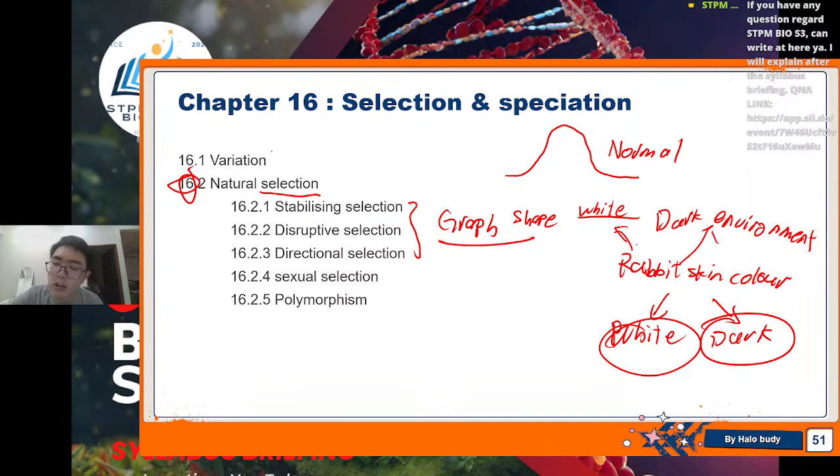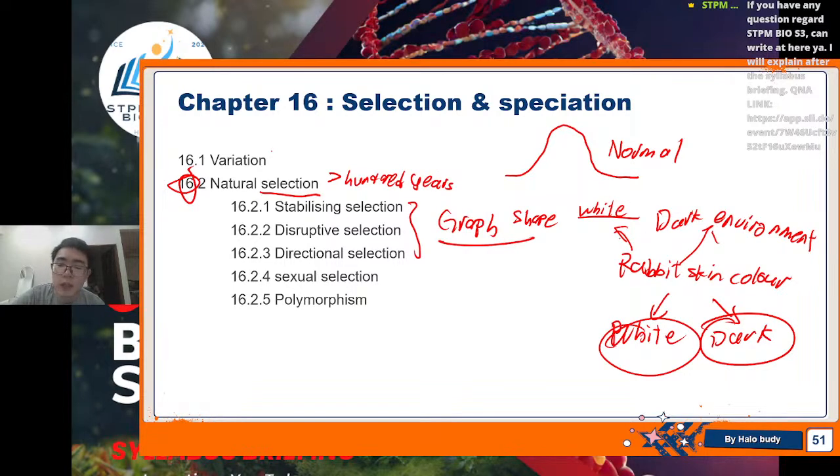But if the rabbit goes to a dark environment and survives there for many years, natural selection takes a very long time, normally more than 100 years, hundreds of years up to thousands of years. It takes a very long time.